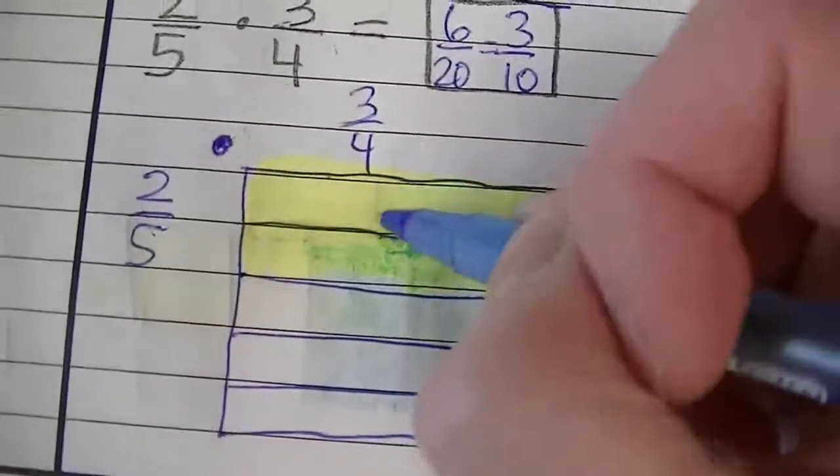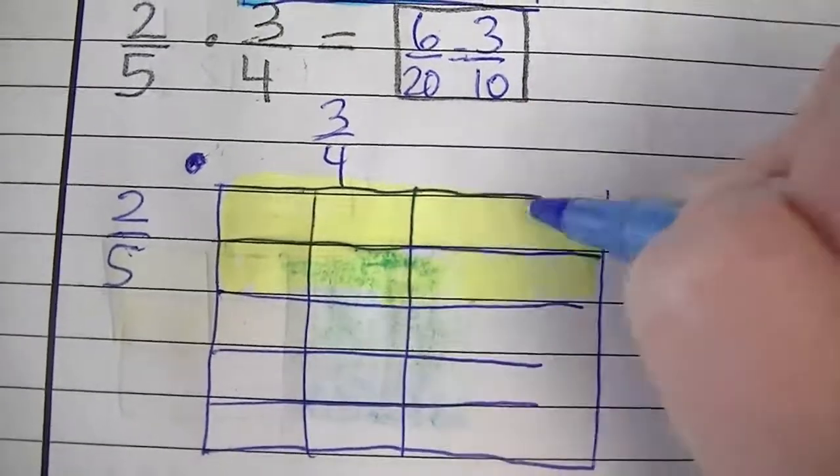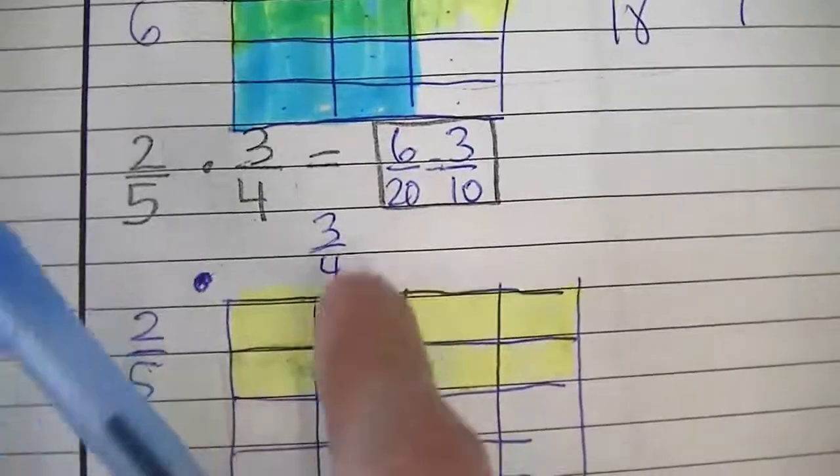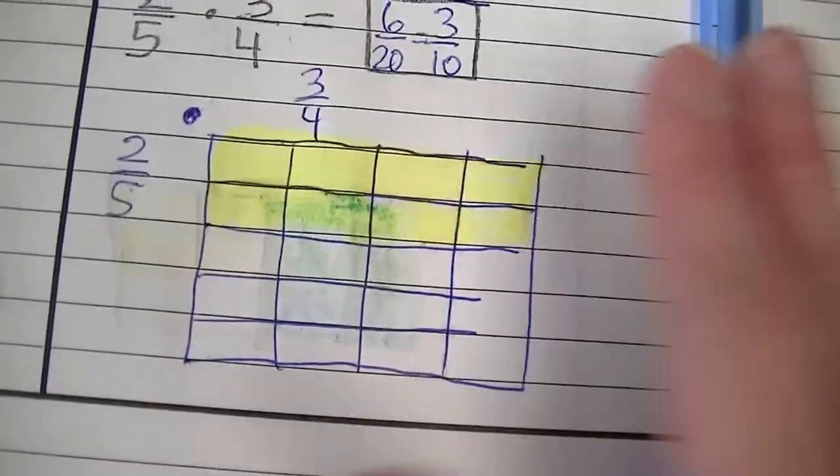And we're multiplying it by 3/4. So you're going to look at columns and you're going to make 4 columns. Okay, 1, 2, 3, 4, and we're going to shade in 3 of them to represent 3/4.